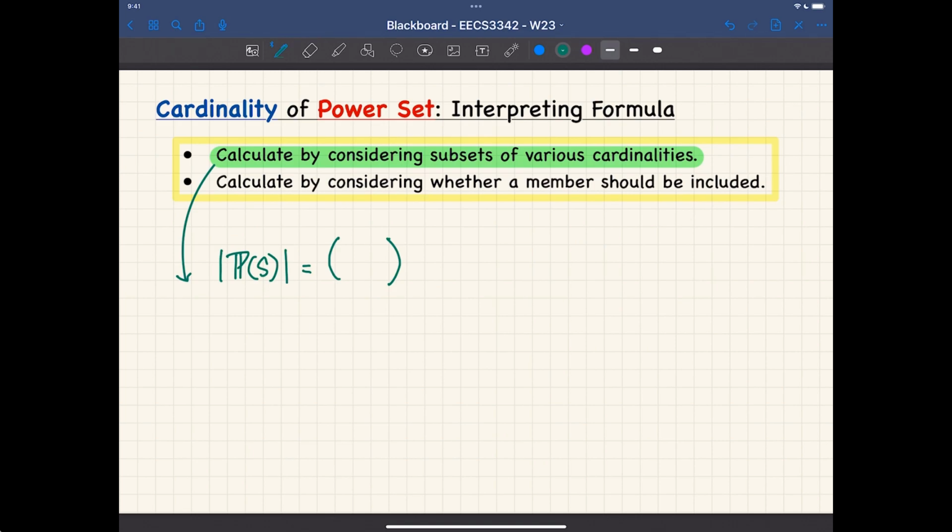In that way, we choose this many elements from the set. How many do we choose for the empty set? Choose 0 elements. Plus, choose also 1. I'll annotate a little bit very soon.